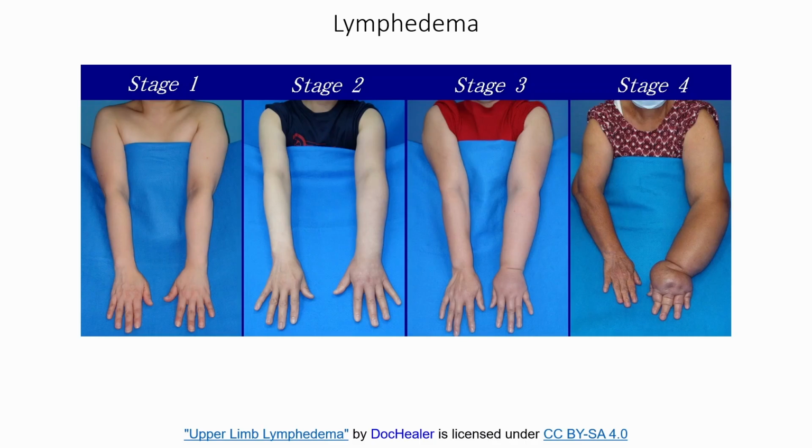As we get to stage 3, we can see that the left arm is definitely larger than the right. You can see it in the elbow and the wrist and the fingers. And then when we get to stage 4, we can see there's very significant swelling in that left arm, to the point where this person may not be able to properly use this limb. In some cases with lymphedema, the fluid can actually seep through the skin, and so it can actually leak.